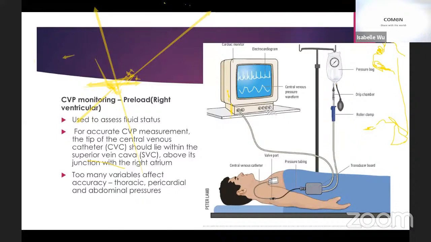But people would say, so should we throw it away? No, I don't think so. I think it's still useful, especially for the trends. If you give a fluid bolus and you check your CVP and it's improved, at least that's done something. So it does still help, but unfortunately it can't be used on its own. You have to use other things.